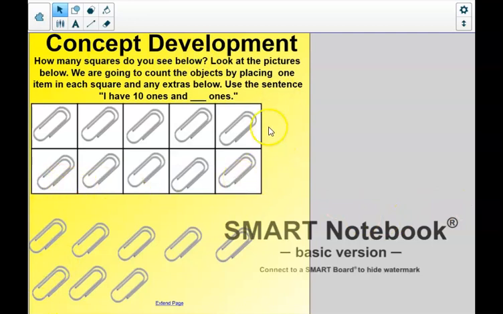How many ones are in this 10 frame? Very good, 10. And I know this because my whole 10 frame is full. So I have 10 ones, and how many ones are down here? Let's see. 1, 2, 3, 4, 5, 6, 7, 8. And so you would say, I have 10 ones and 8 ones.